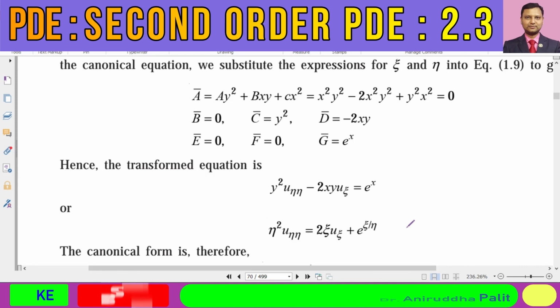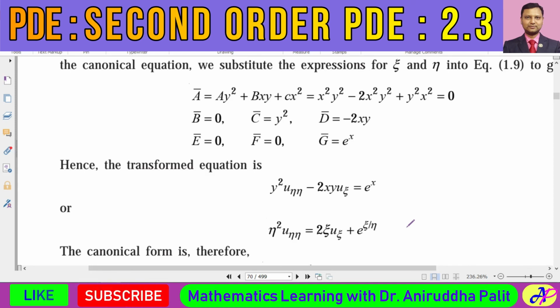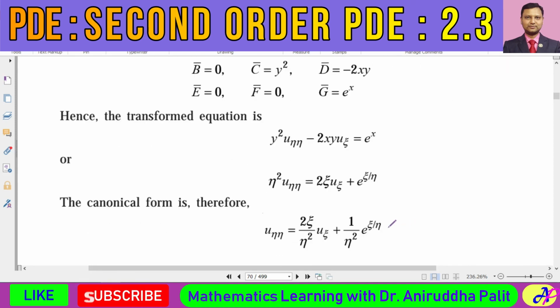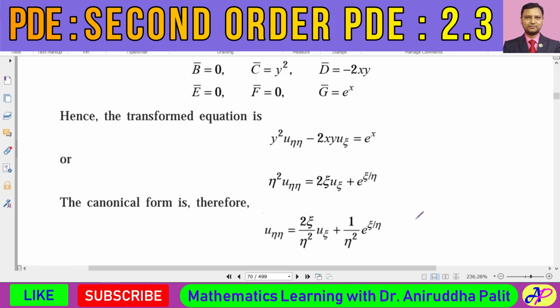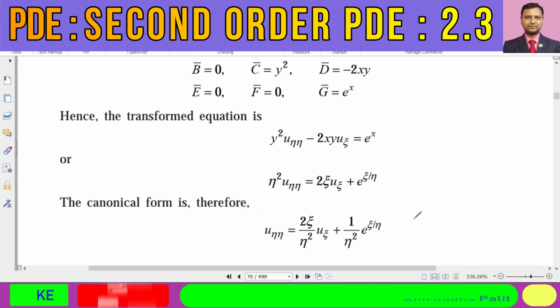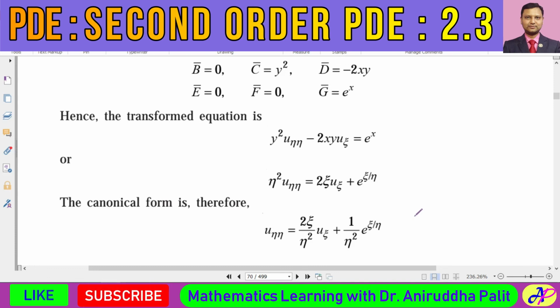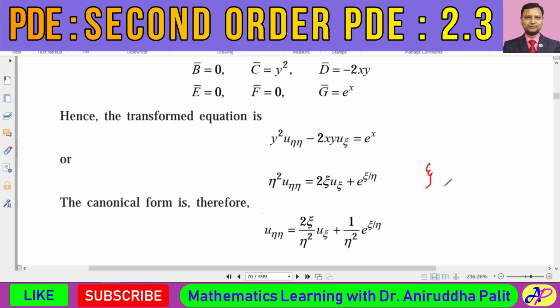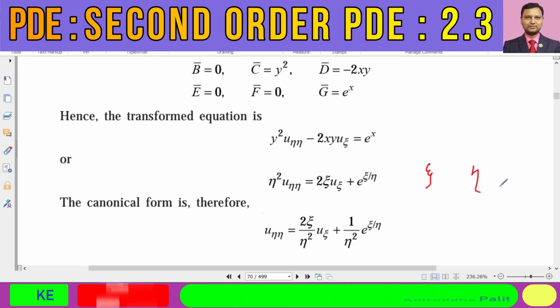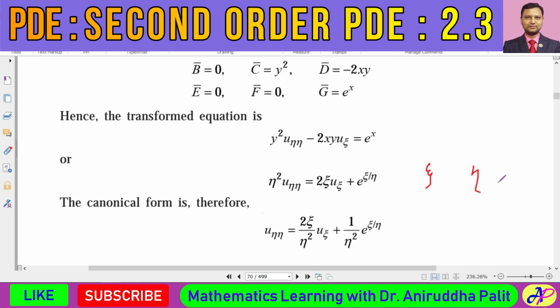So in this way you will have to convert the given equation into the canonical form of the parabolic partial differential equation like this. It is not always easy to solve, so you don't need to solve all these partial differential equations. Most of the time you will be asked to compute the expressions of xi and eta, because these are the canonical equations.